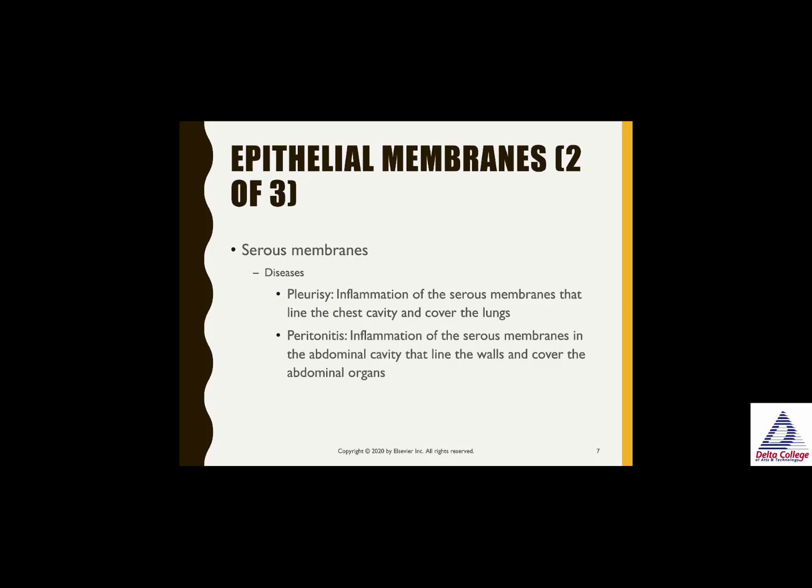This is inflammation of the serous membranes in the abdominal cavity that line the walls and cover the abdominal organs. Peritonitis can lead to serious infection and what we call sepsis, which is when the infection gets into our blood throughout our body.